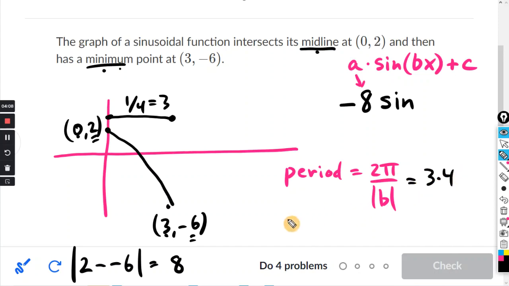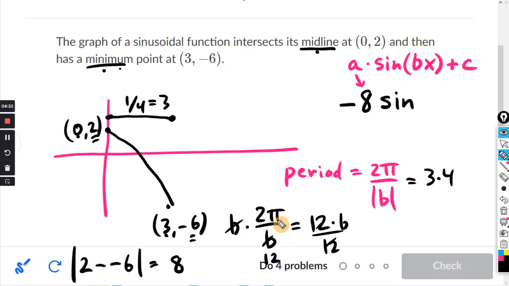So 2 pi over b equals 12. Multiplying both sides by b, it cancels here. And then dividing both sides by 12, it cancels here.